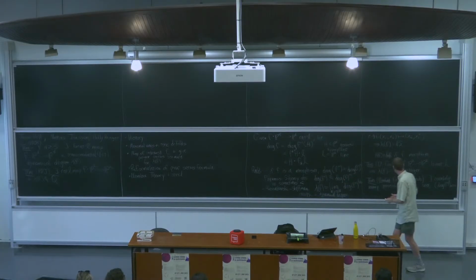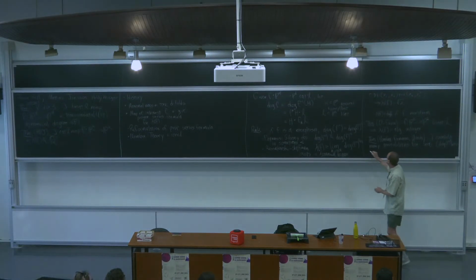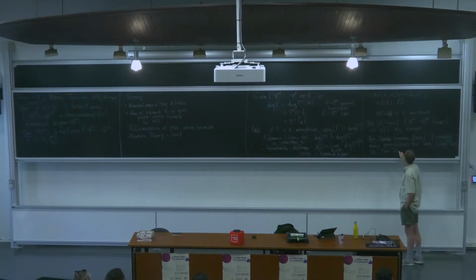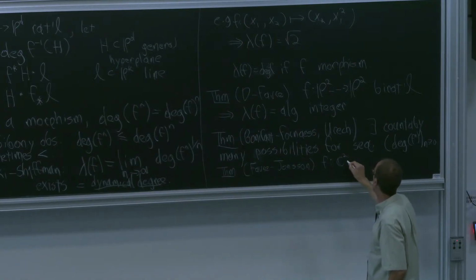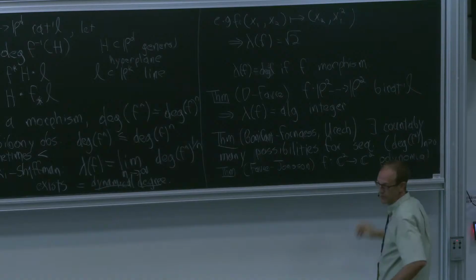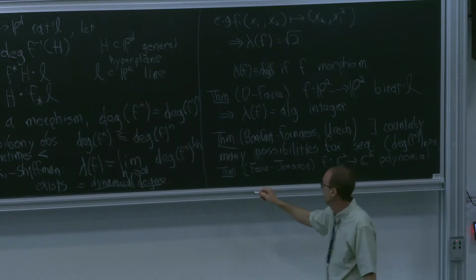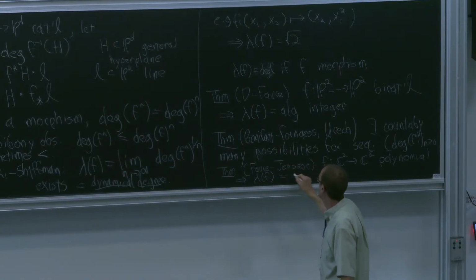And I'll mention one more theorem that came a little bit later. It's due to Favre and Jonsson. And it says that if you have a polynomial map of the affine plane, treated as a rational map of the projective plane, then the first dynamical degree is even more special.